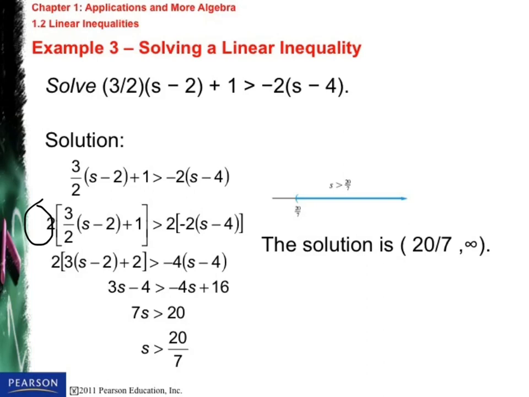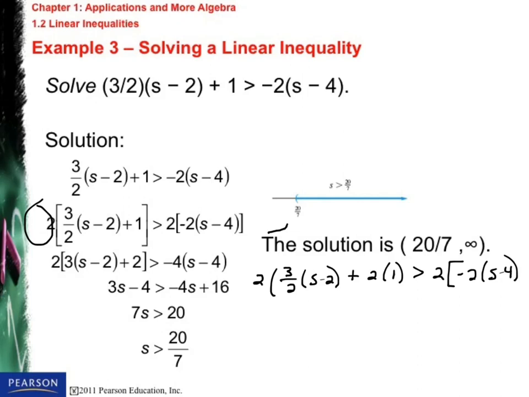And I would show my work here a little bit differently. Let me write here how I would show the work. I would multiply 2 times 3 halves times (S minus 2), plus 2 times 1, I'd multiply by 2 all the way across, is greater than 2 times negative 2 times (S minus 4).